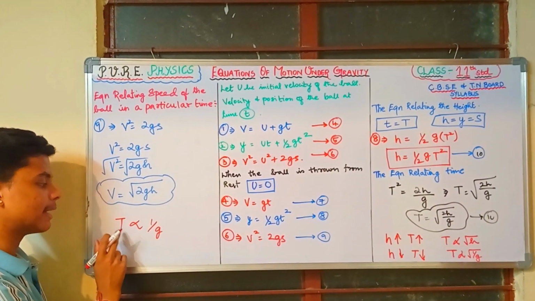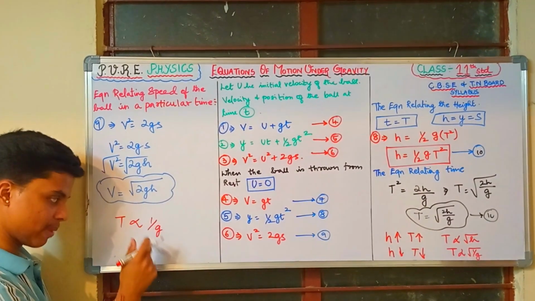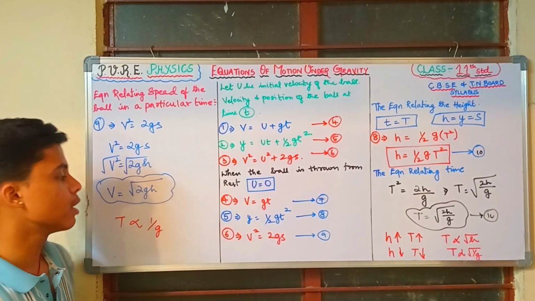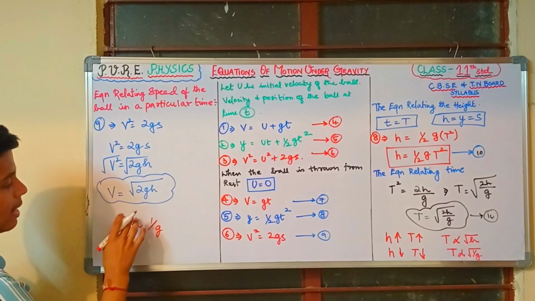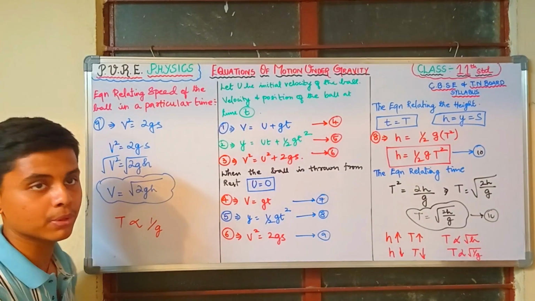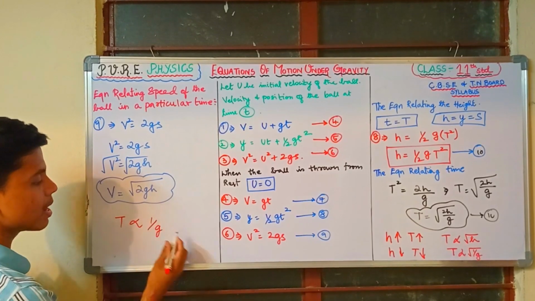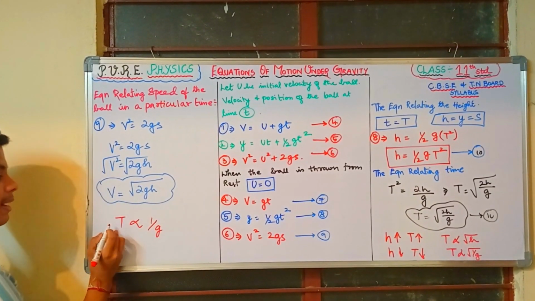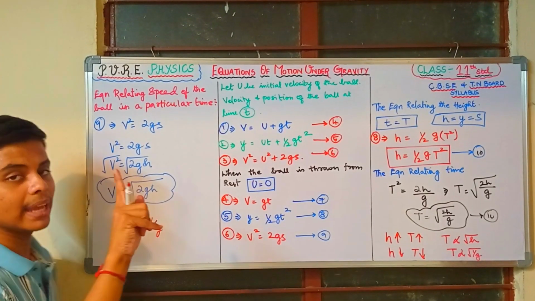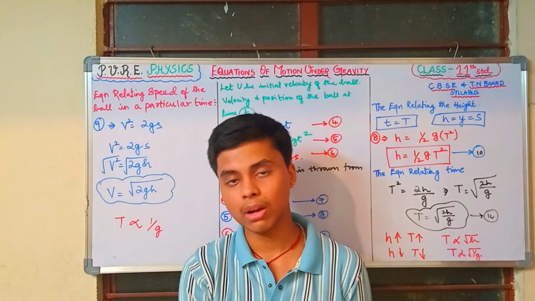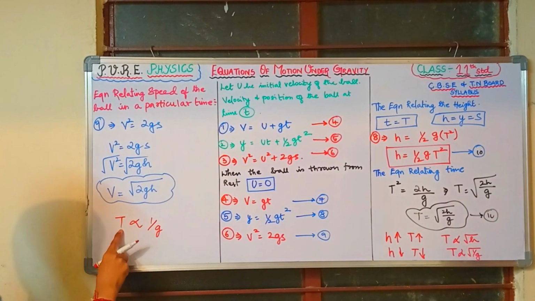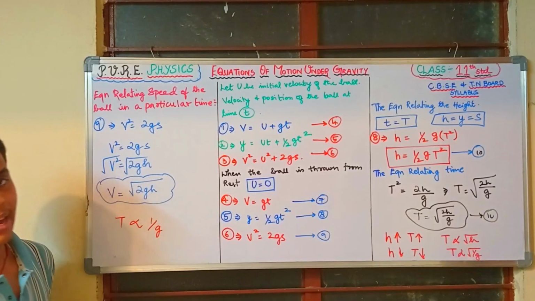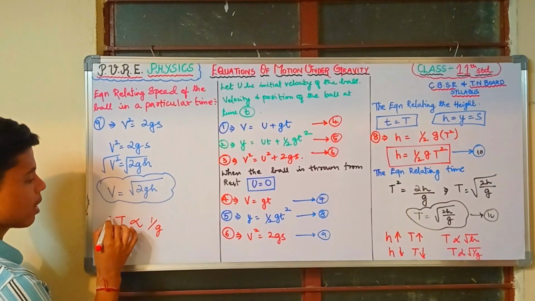But if we say time is inversely proportional to 1 by g, then it gives the meaning of directly proportional. If the second term has the reciprocal of the quantity, then you must always say the quantity is inversely proportional to the quantity name, not the reciprocal of that quantity. So here you will say T is inversely proportional to gravity and not T is inversely proportional to 1 by g.